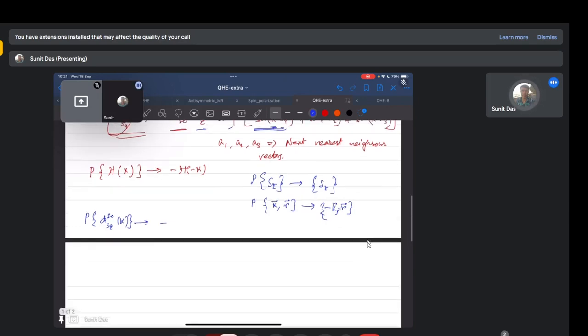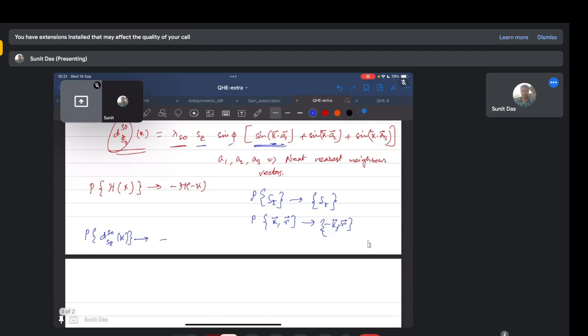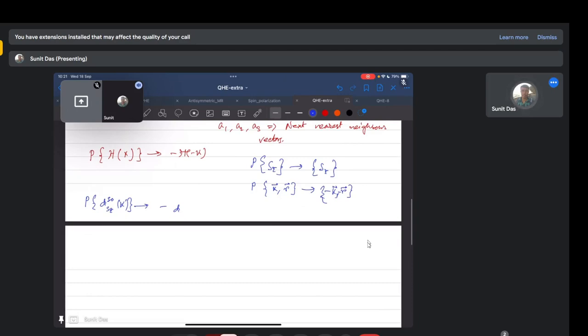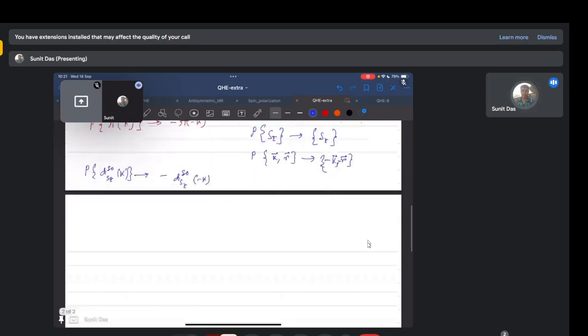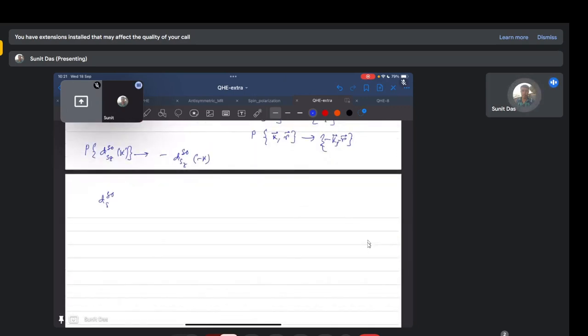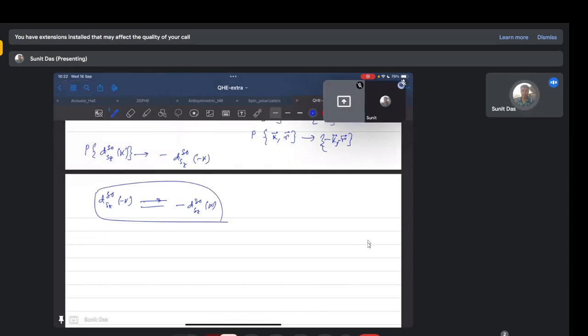So this will be d_SO s_z of minus k. What it essentially means is that d_SO s_z of minus k equals minus d_SO s_z of k. Since this is valid, the Kane-Mele term preserves inversion symmetry.